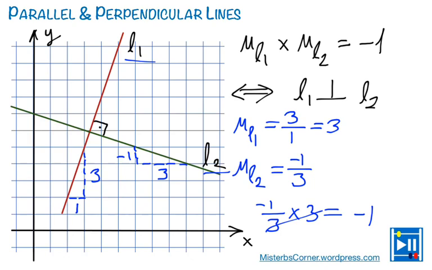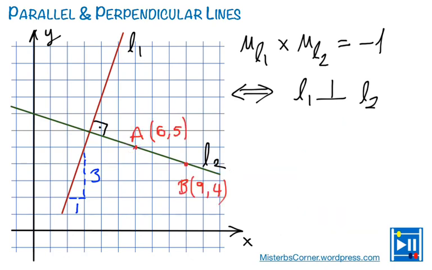Now, if you're confused with the change in y being negative here, then let's write the coordinates of those points that we chose, and then calculate the gradient of L2 with the coordinates of these points. So if I take the coordinates of A and B as (6, 5) and (9, 4) and do my calculation, it's going to be 5 minus 4 over 6 minus 9.